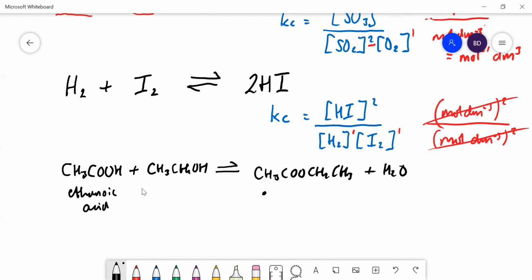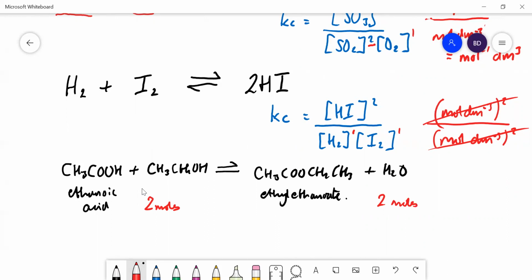That ester would be called ethyl ethanoate. And you can see this one would have no units because on the left-hand side, we've got 2 moles, an ethanoic acid and an ethanol. And on the right-hand side, we've got 2 moles, an ester and water. So that's another one of these.